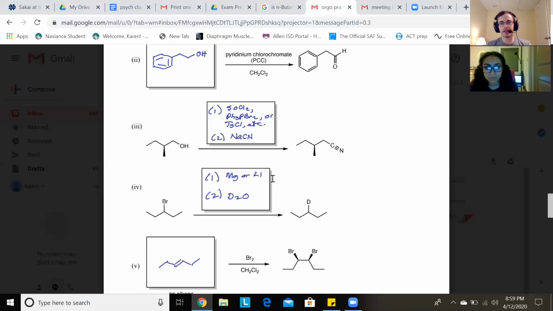is you're creating a really unstable carbon-metal bond. What the Mg and Li do is they form that bond with the Br. And when you do that, because carbon is more electronegative than almost every metal, the carbon effectively acts like an anion, and it's going to reach out and grab anything it can find.